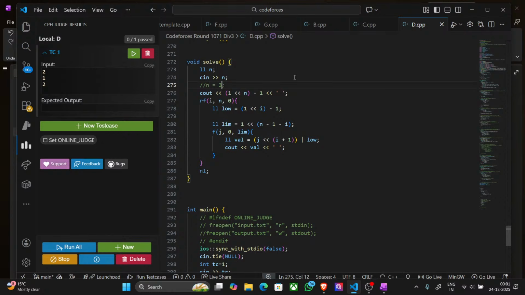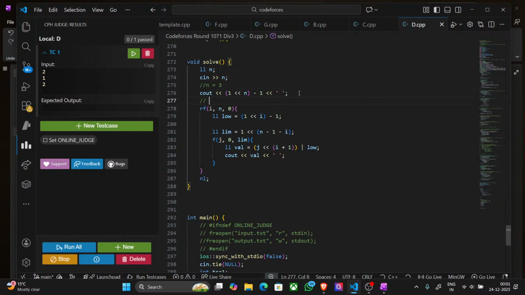I have outputted 7 first, then iterated from 2 to 0, there are 2 bits on. Then this is 2 raised to power 2 minus 1, which is 3. So my low is 3.